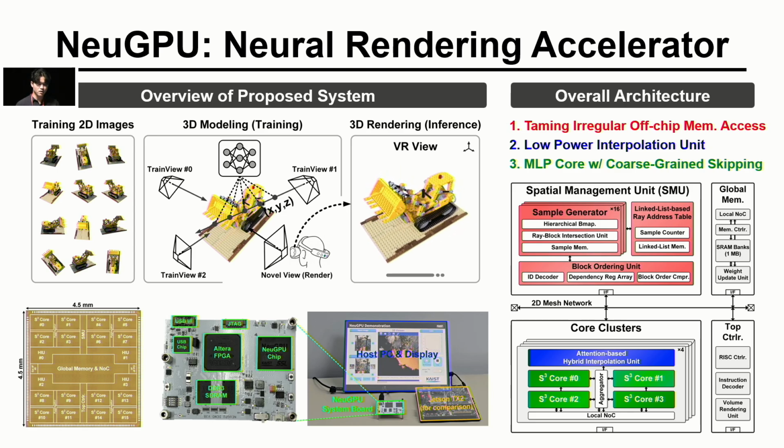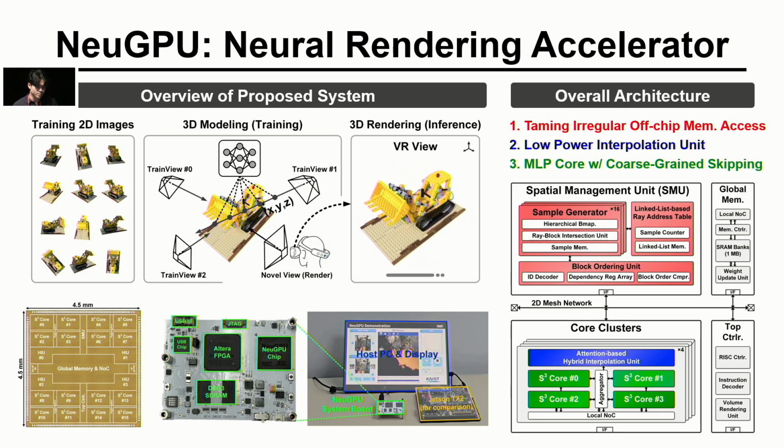Implementing the neural radiance field on mobile devices has 3 hardware challenges, and we optimize with software-hardware co-design. First, we convert the non-streaming off-chip memory access to streaming off-chip memory access. Second, we achieve low power interpolation by designing a heterogeneous interpolation unit. And third, we adopt a coarse grain skipping method for efficient MLP acceleration.